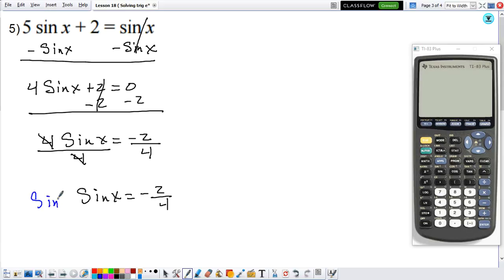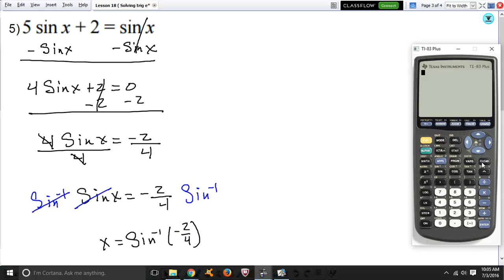We got to multiply by the inverse. Remember that if you multiply by the inverse, you got to check for your second solution. So we're going to do that in a second. So now we have that x is equal to inverse sine of negative 2/4. So let's see, what's the value for that?